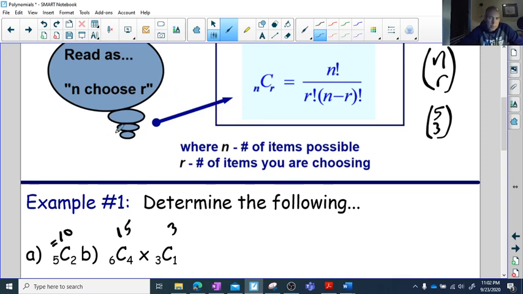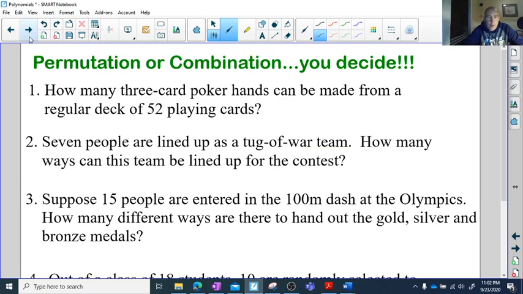So hopefully you've got a brush-up here on factorials, permutations, combinations, and the counting principle. From that, we're going to move on and look at different ways these can be used with the binomial theorem.